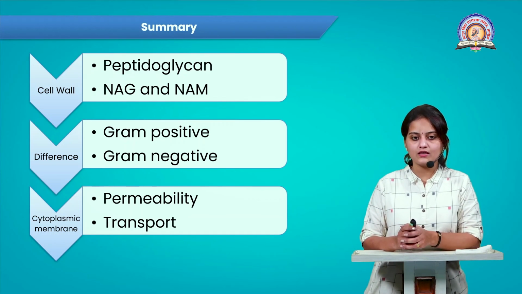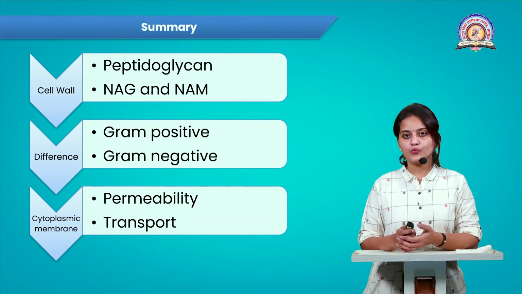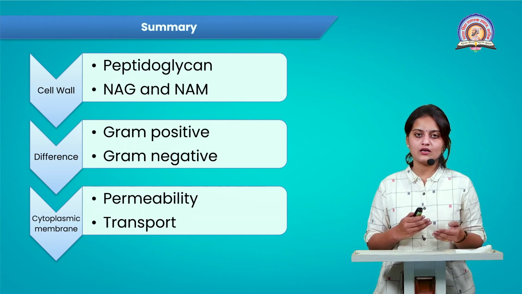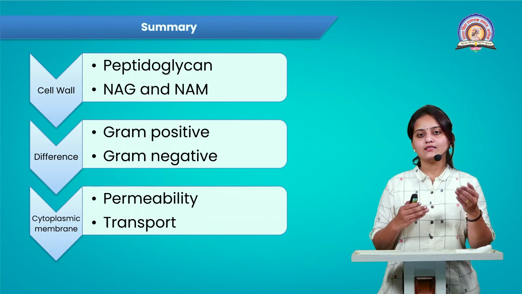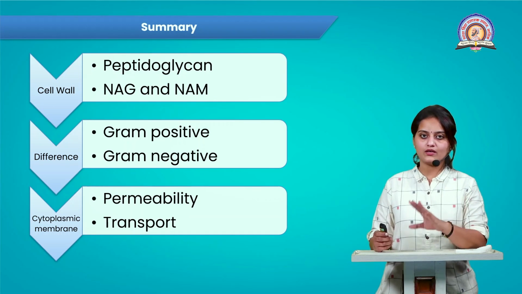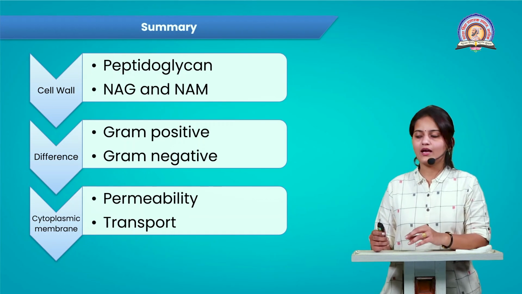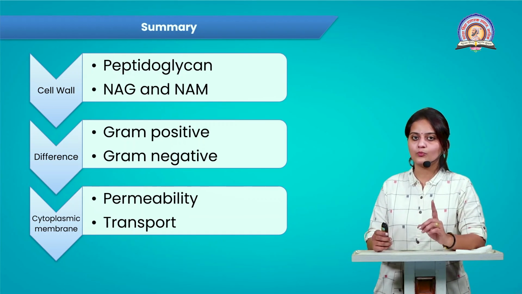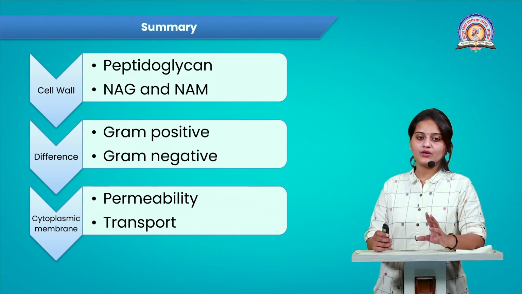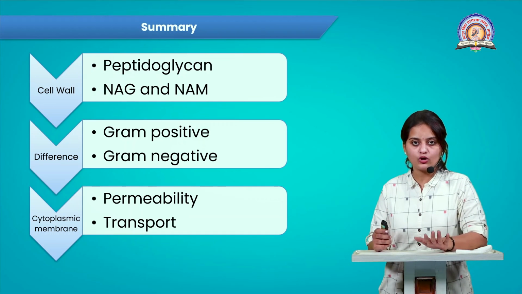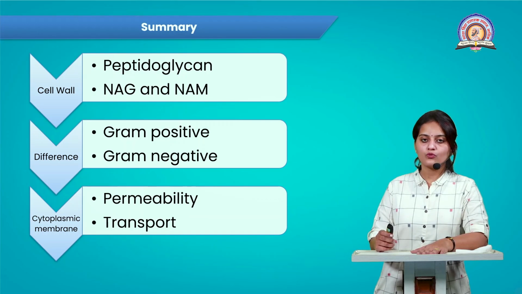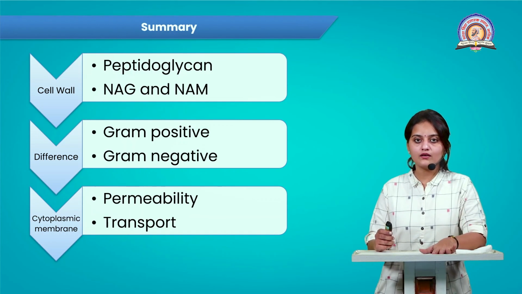Next, we have seen the differences between gram positive and gram negative cell walls, how they differ from each other, how the peptidoglycan layer has different thickness in gram positive and gram negative cell walls, as well as the various functions of the cytoplasmic membrane. Two important functions of the cytoplasmic membrane are the permeability of the cell as well as transport of molecules. Okay, so this is what we have learned in today's lecture.